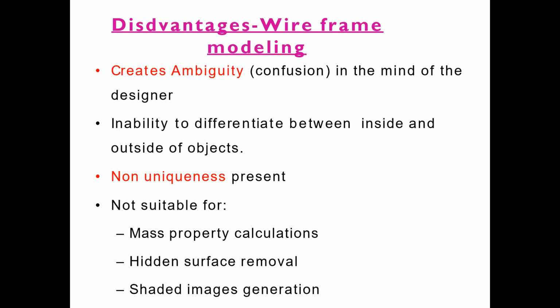Then again, wireframe models cannot be used for mass property calculations, hidden surface removal, and again are not suitable for shaded image generation, etc. For most mass property calculations we need a solid model. Whenever we create a 3D model, we create it as a solid model if we have to use it for certain analysis.